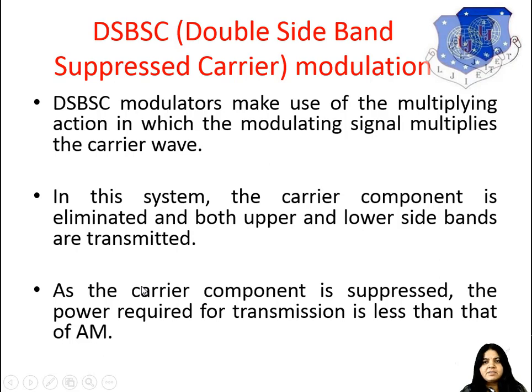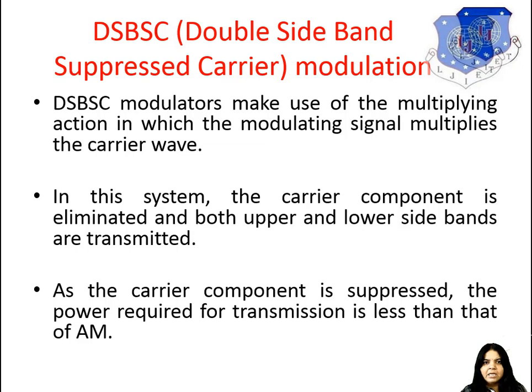This modulator makes use of the multiplying action, in which the modulating signal multiplies the carrier wave. The carrier component we have to eliminate, and the upper and lower sidebands are transmitted.